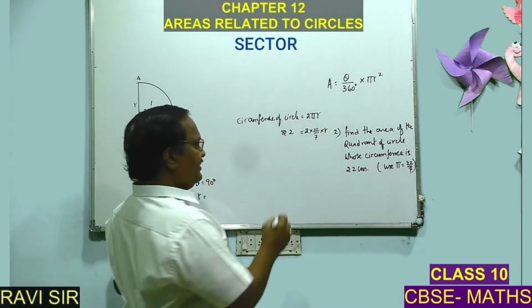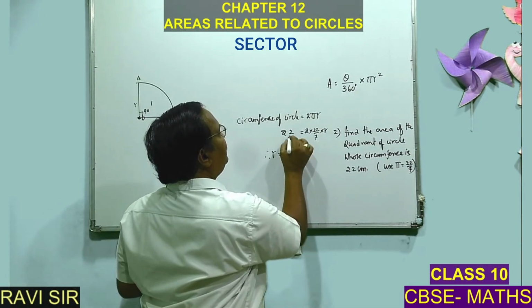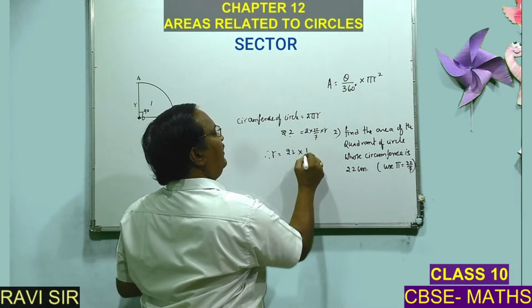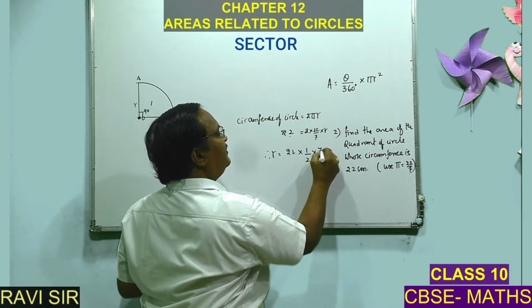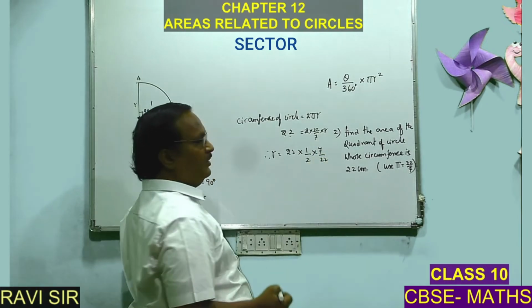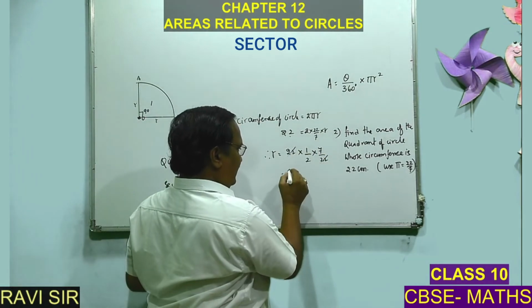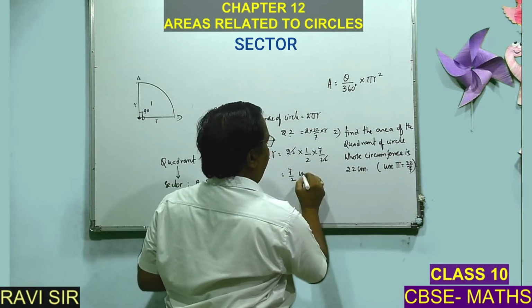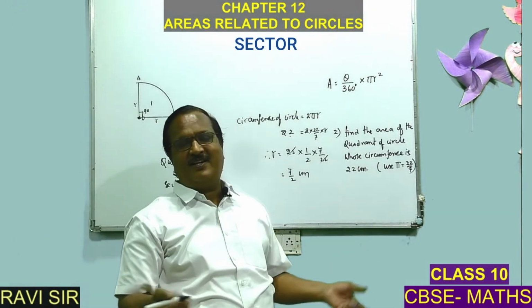So, we want radius, therefore, radius is equal to 22 into these two things will go that side, 2 will become 1 upon 2, 22 upon 7 will become 7 upon 22. So now 22 will get cancelled. It is 7 upon 2 centimeters.